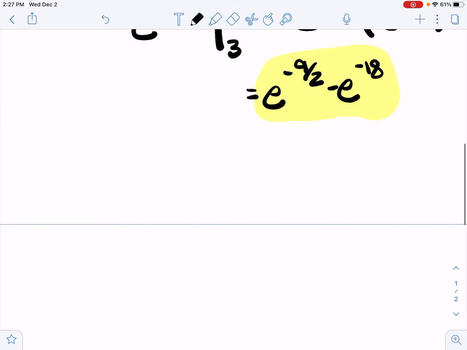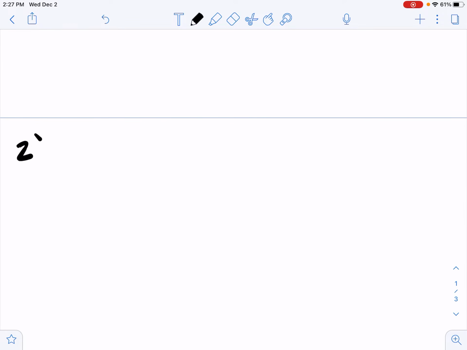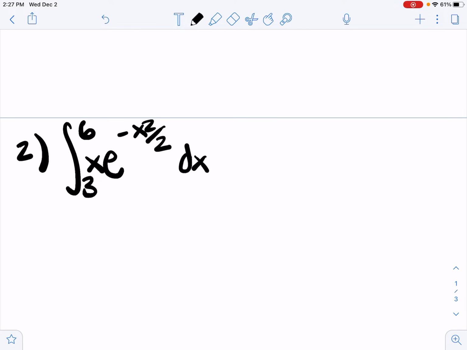Okay, the other two ways. Another way that we could do that is, with the integral from 3 to 6 of e to the minus x squared over 2 times x dx, we could make the substitution u equals x squared over 2.